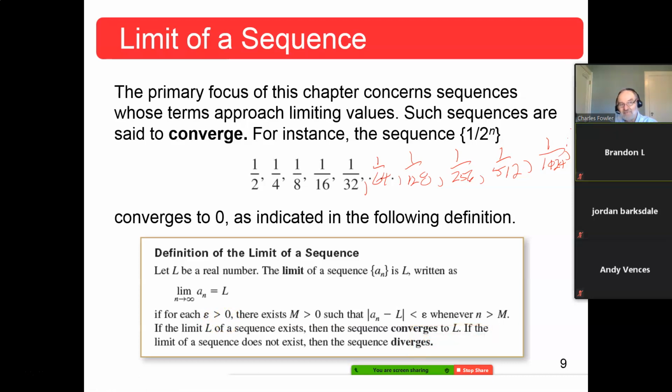Back in our old derivative days, when we were just learning to do that, for every epsilon greater than 0. Now rather than talking about a delta, we say there exists some capital letter M greater than 0 also, such that the absolute value of the difference between the nth term of the sequence and that limit that you think is there is going to be less than epsilon whenever that n is greater than that letter M.